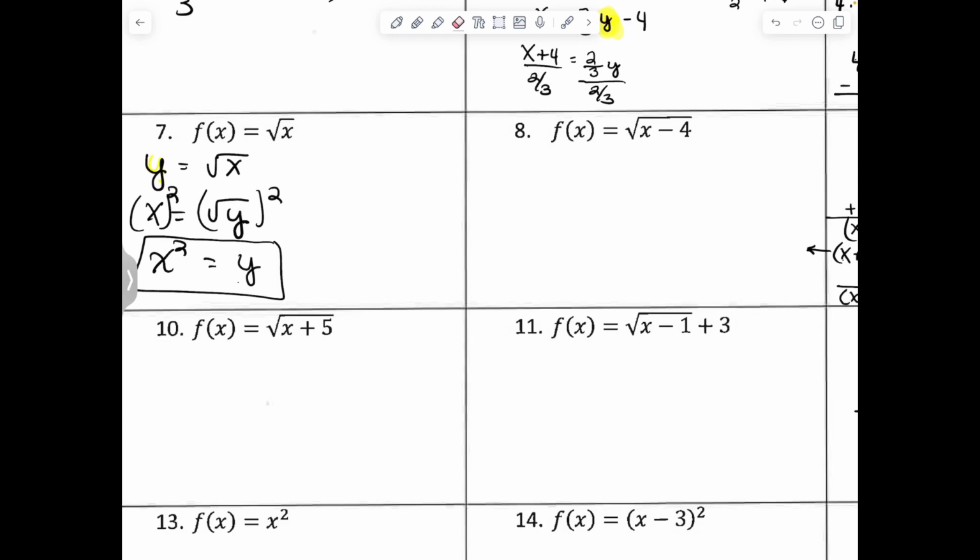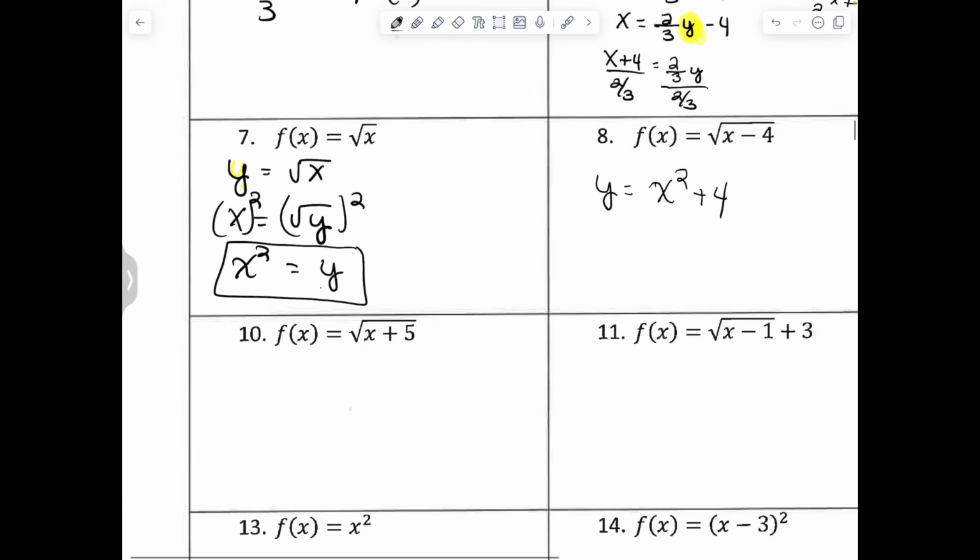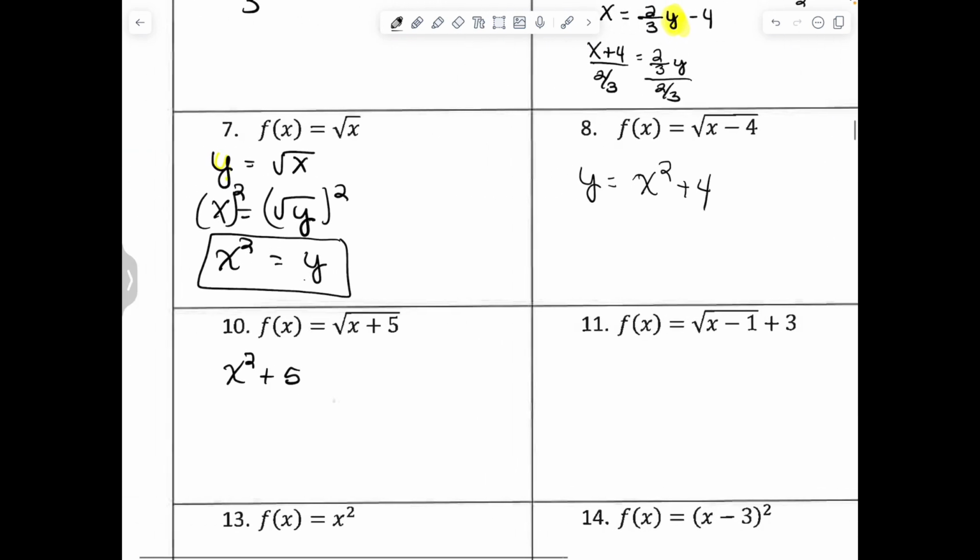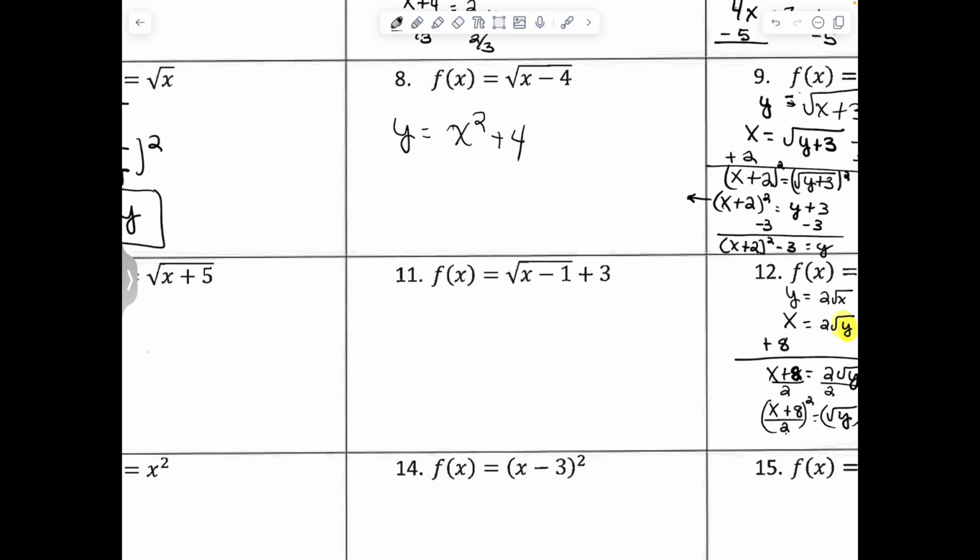So this is going to equal y, and I'm doing these in my head, so please bear with me. x equals that, so it'll be x squared plus 4. This would be x squared plus 5. And then this one would be x squared plus 3.